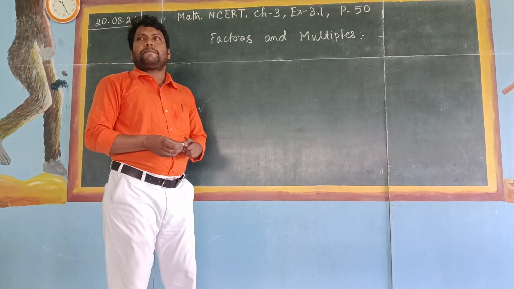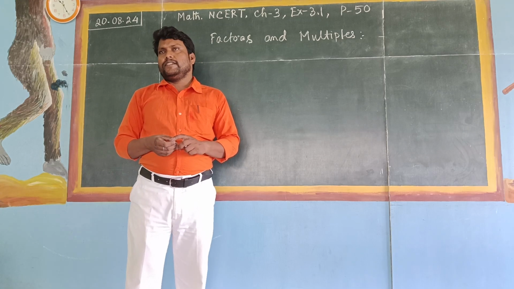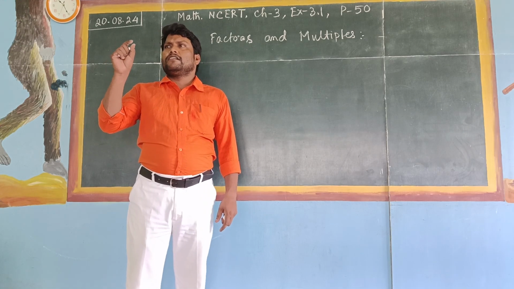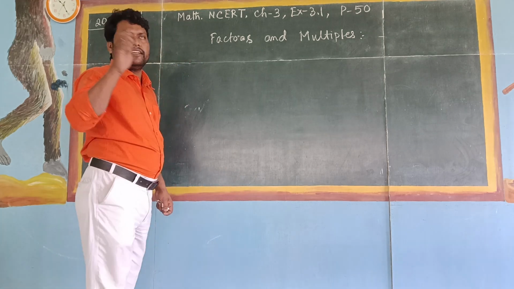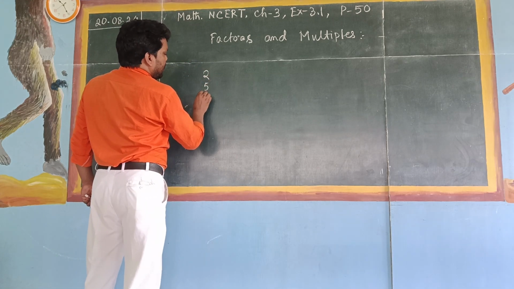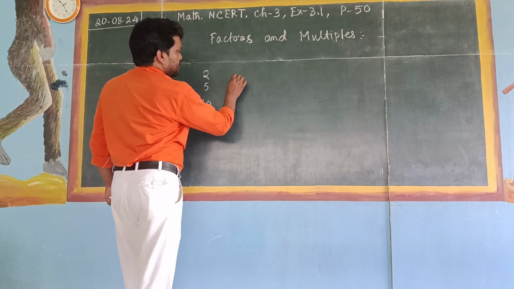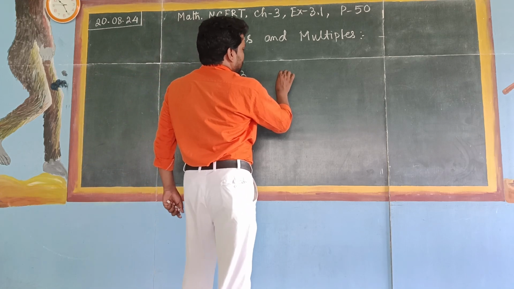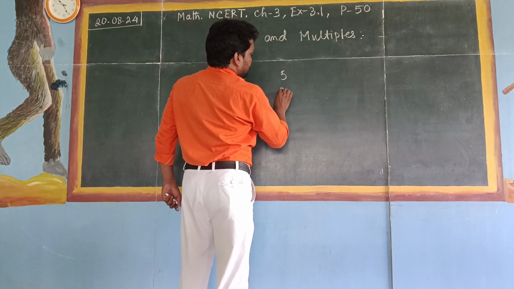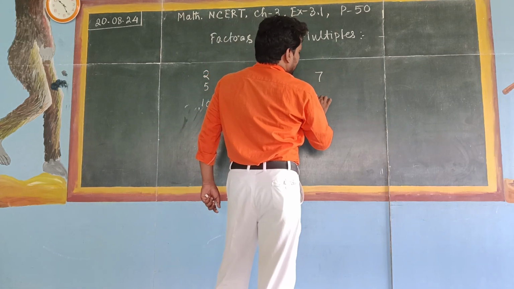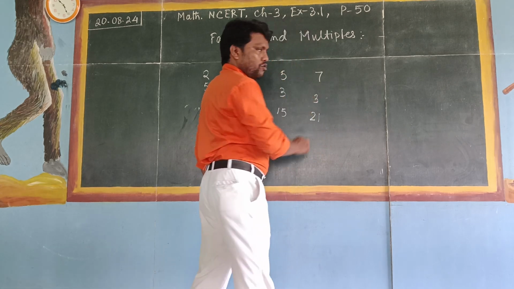So, what are factors? Suppose I am writing some tables. 2 5s are 10, 3 3s are 9, 5 3s are 15, 7 3s are 21. Look very carefully.